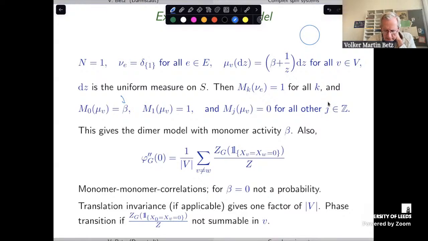But then the first moment, so if you multiply this by z, then this gets a 1. So this is positive. But the next one is zero, because you have z times dz, you integrate this over the unit circle, and that gives you 0 because of the symmetry.